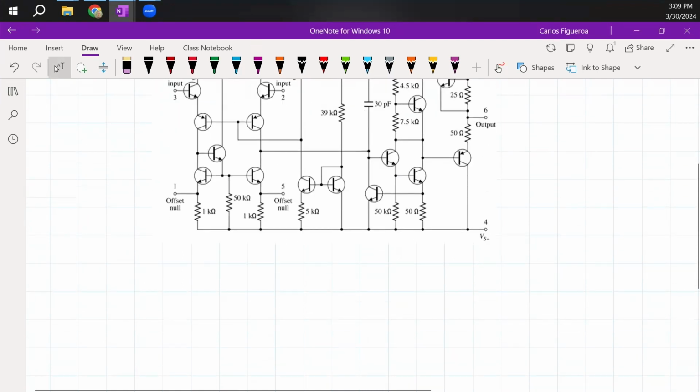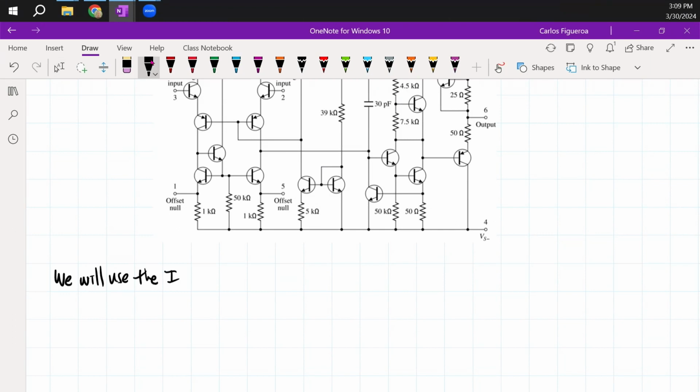So because we can't solve this, we will use the ideal op-amp model.